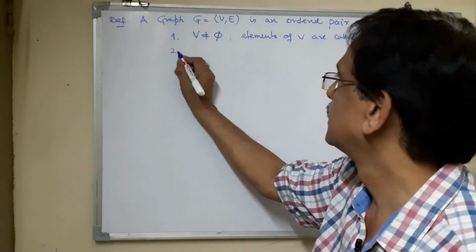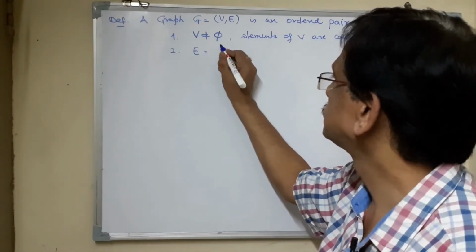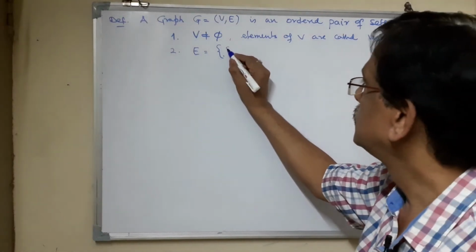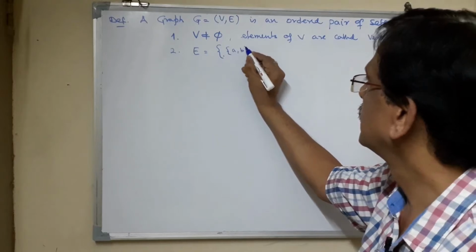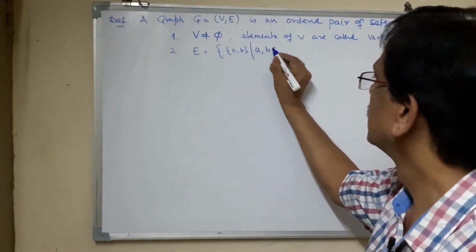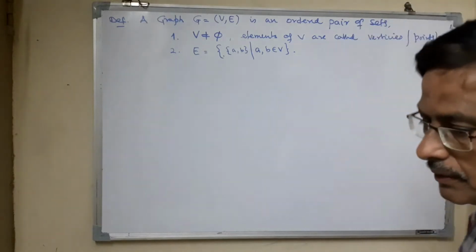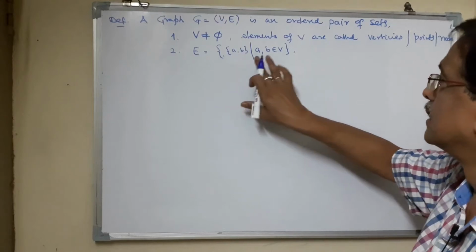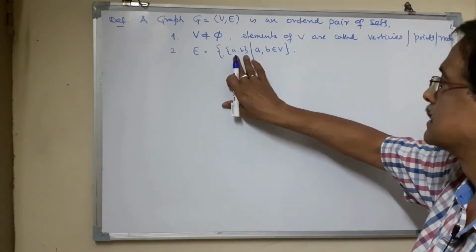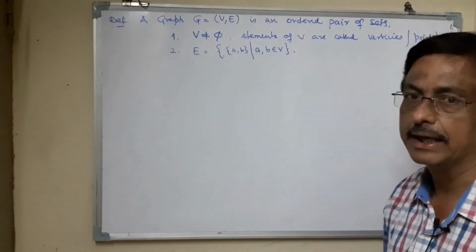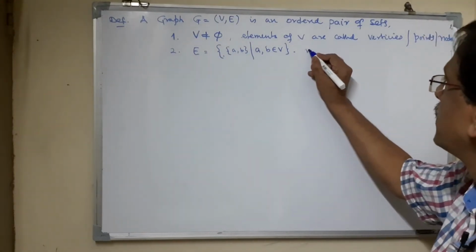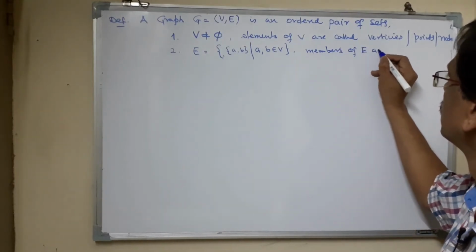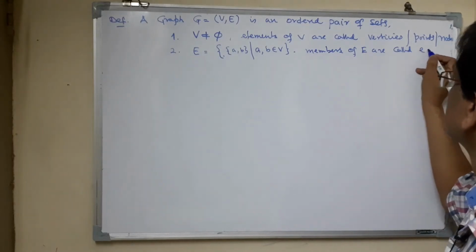V is non-empty. And E is a set containing two element sets {A, B} such that A and B belong to V. Observe very carefully about E. I am writing a two element set which are members of E. Members of E are called edges.